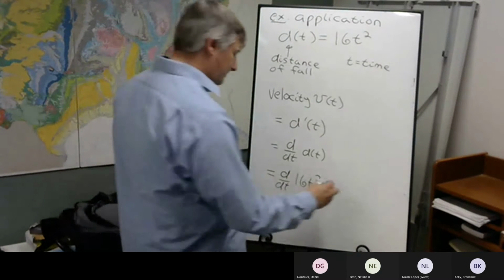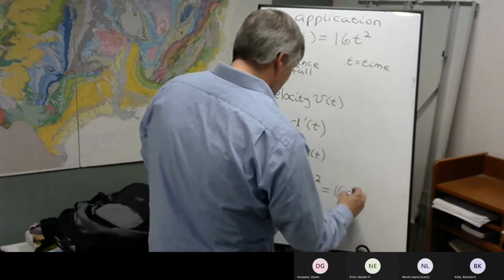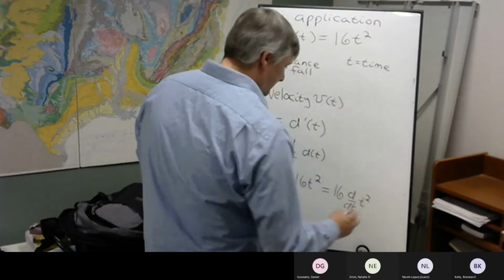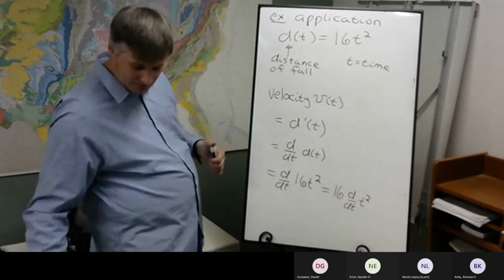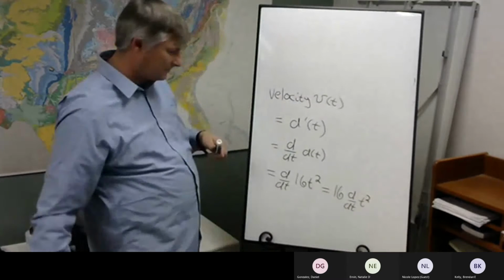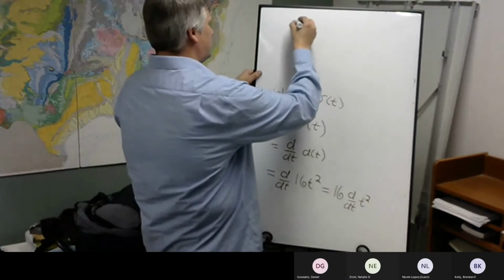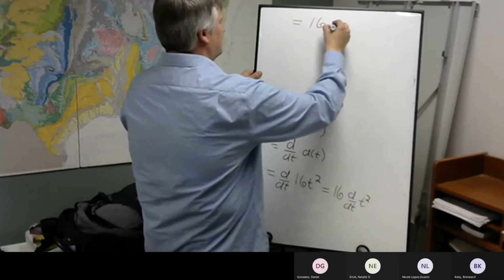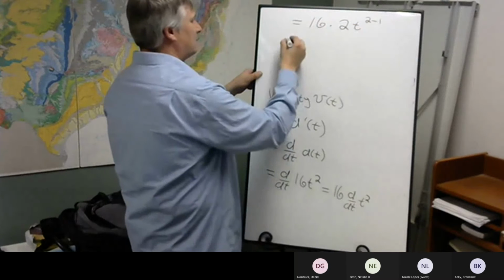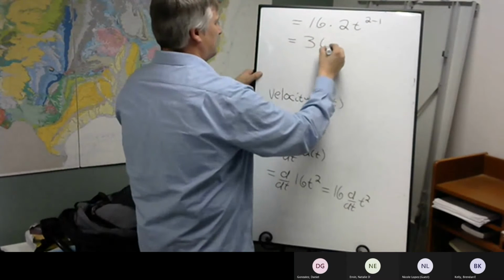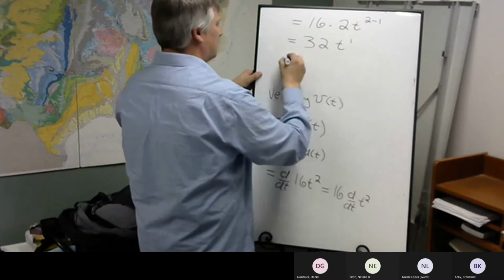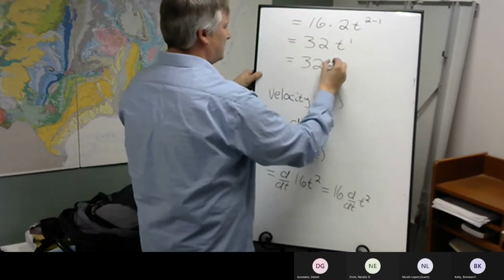So this is going to become 16 times d dt of t squared, which equals 16 times 2t to the 2 minus 1, 32 t to the 1, 32t.